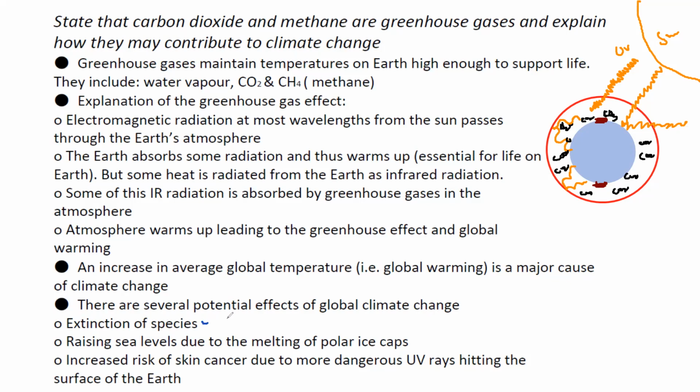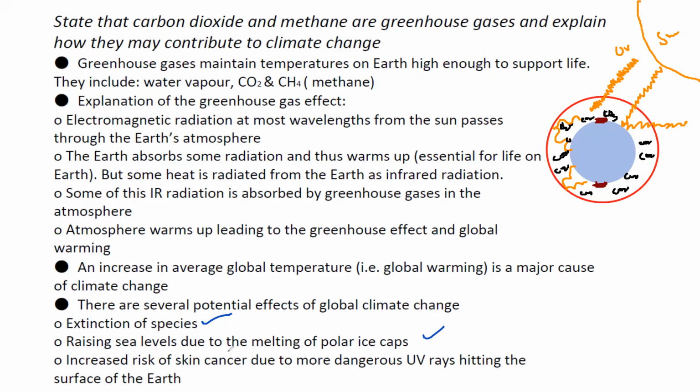Number one, extinction of species, because some animals and some plants need certain conditions to survive. So if these conditions change, these plants or animals won't survive and they will become extinct. The rise in the sea level, because the polar ice caps are continuously melting, and that causes the level of the sea to rise.